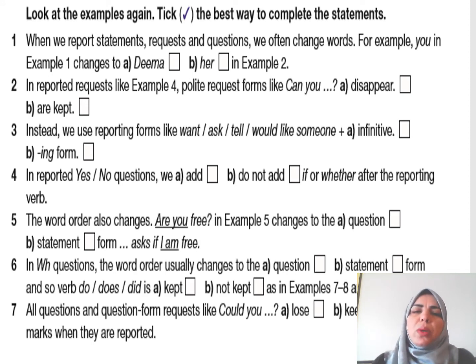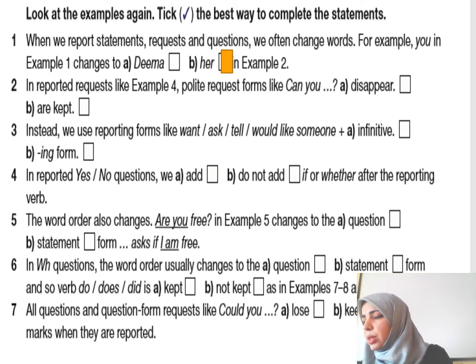Number 1. When we report statements, requests, and questions, we often change words. For example, you in example 1 changes to I. Yes, I have explained it. Now, number 2. In reported requests like example 4, Summer wants me to look after Dima, this is a polite request.